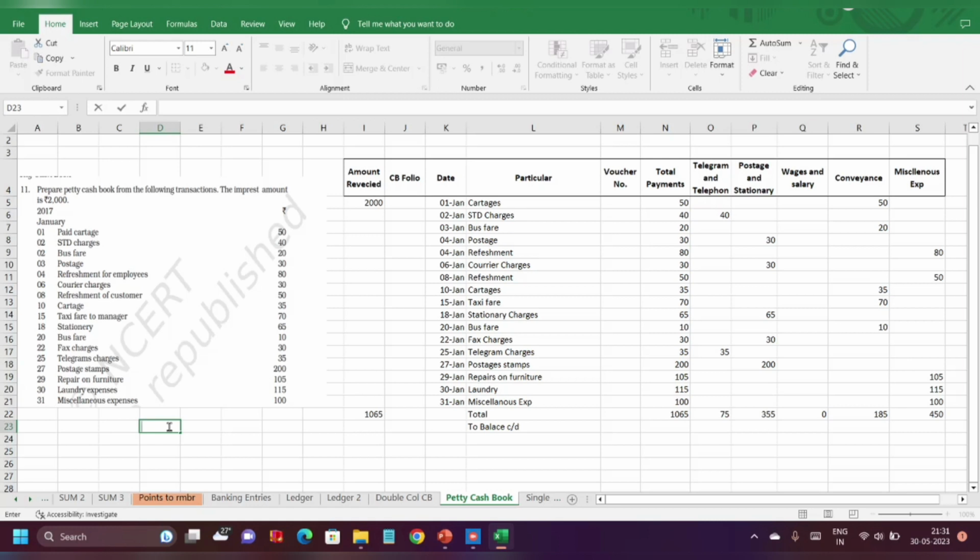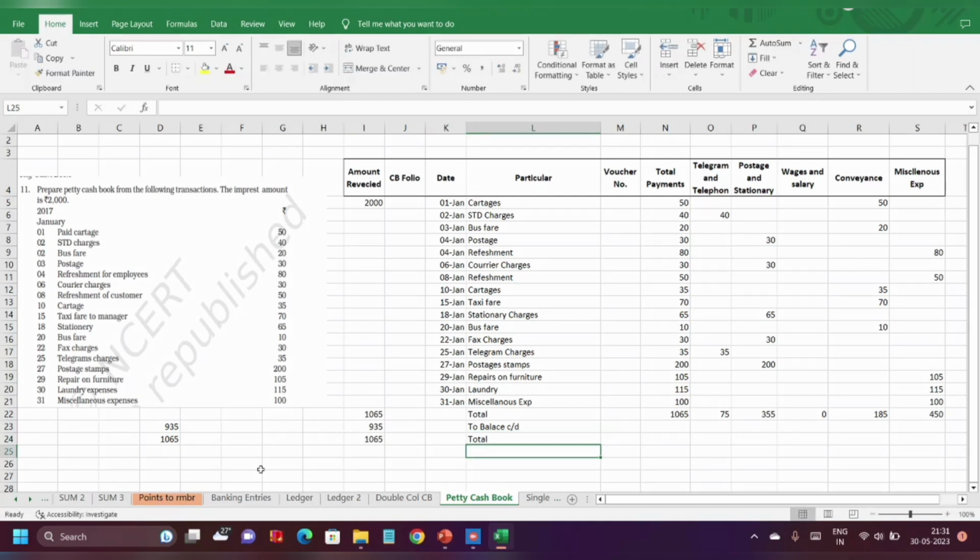So from 2000 rupees, 1065 are the expenses, and balance of rupees 935 is with our petty cashier. And for the next month, if we pay him rupees 1065 again, he can start paying off the expenses again for the next month. 1065 total.